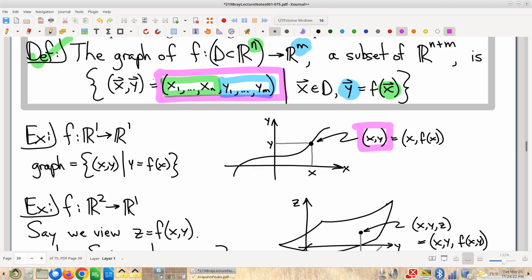And you get a bunch of points now in n plus m dimensions. And so, how would we draw this graph? Oh my gosh, I don't even know. As I have it indicated here, it looks like we just got way too many variables. But that's just a definition.